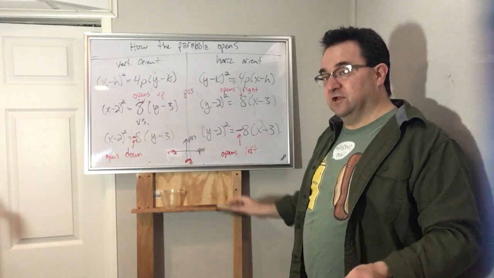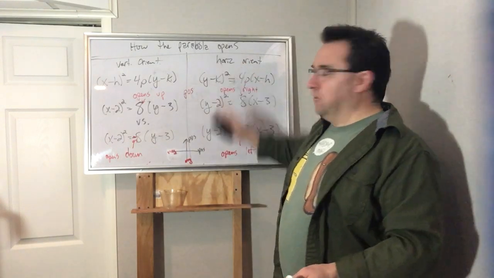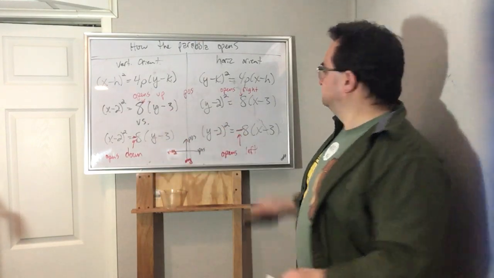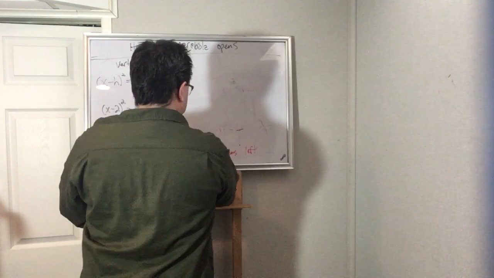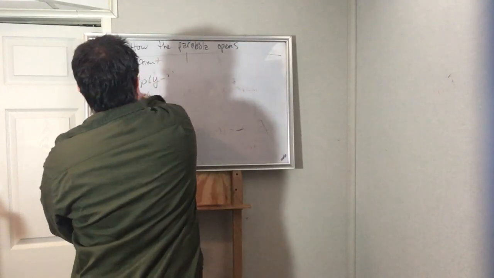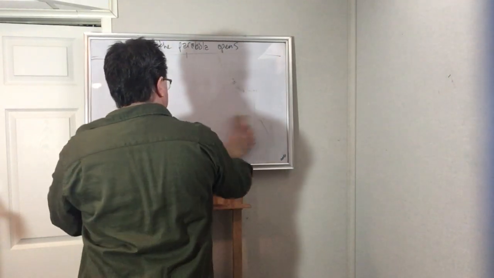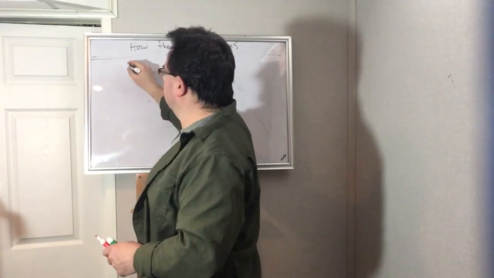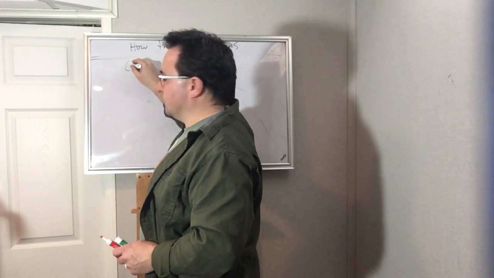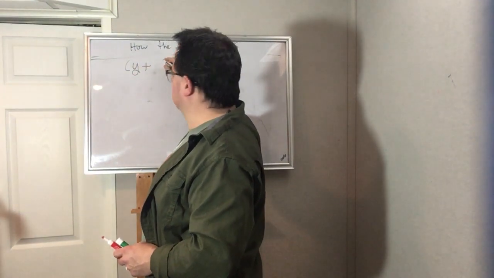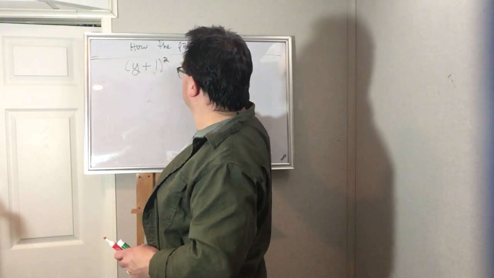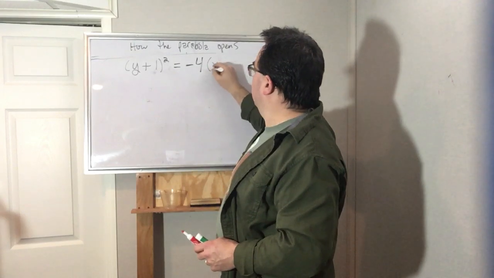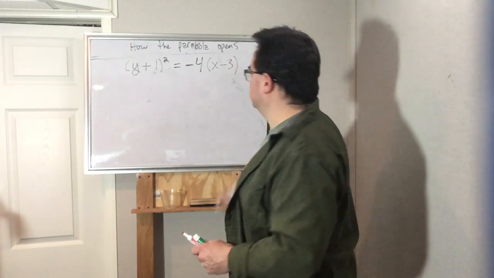All right, we're going to need to try another example. Let's do an example of a horizontally oriented parabola that opens backwards to the left. All right, so let's say I have y plus 1 squared equals negative 4 times x minus 3.